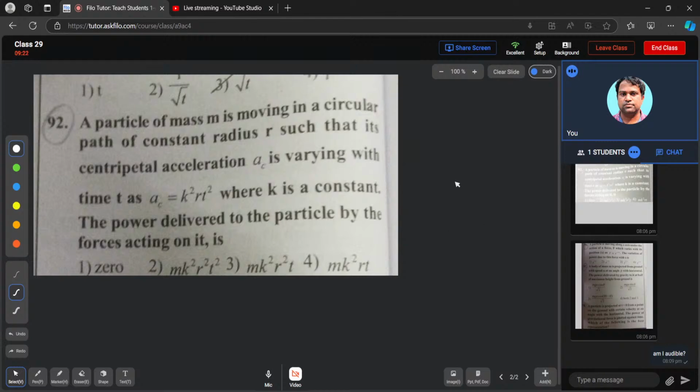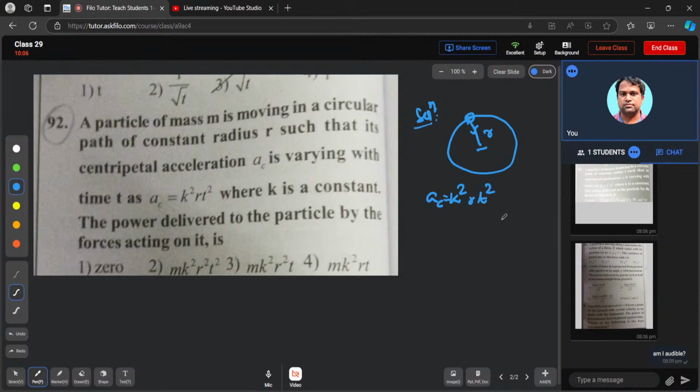Okay. So now the question is, a particle of mass m is moving in a circular path such that the centripetal acceleration AC is given as k square r t square.